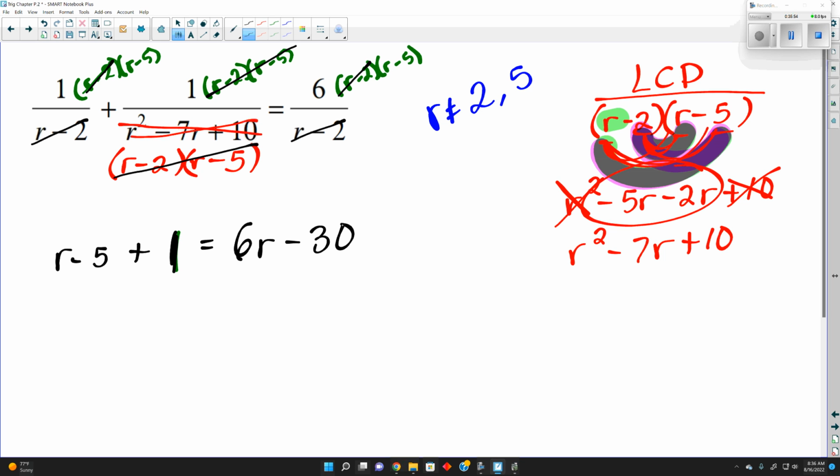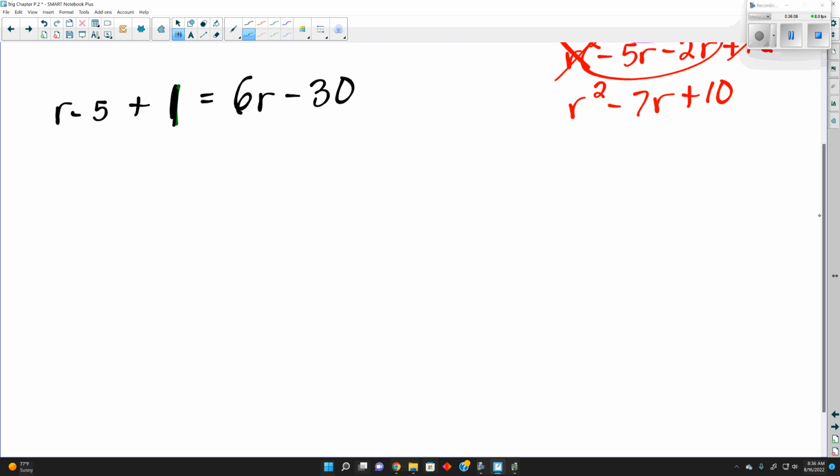Might as well. I mean, if we can do it, because again, this is all on y'all. If you feel comfortable going on and multiplying it, go on and multiply. Because if we don't have to keep rewriting these things, might as well not. All right. Because if we wanted to, we could have combined those negative 5 and 1. Because negative 5 plus 1 is negative 4.